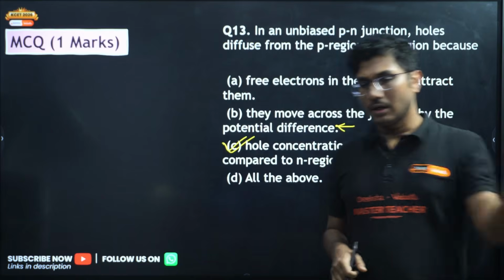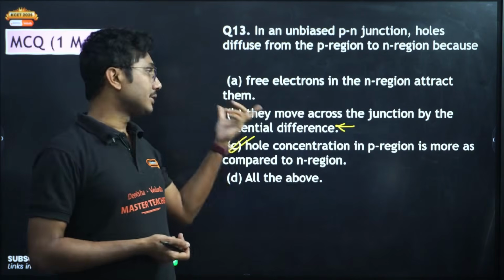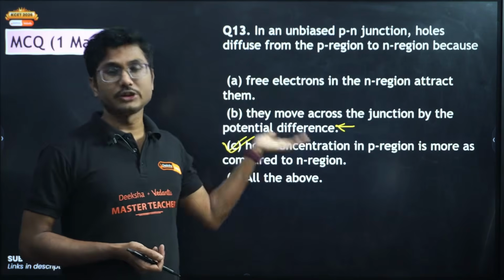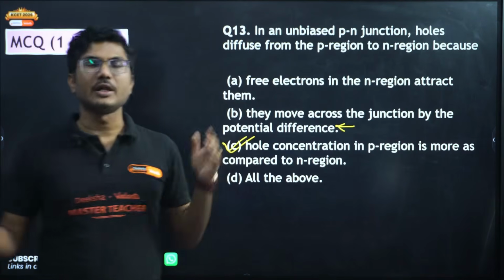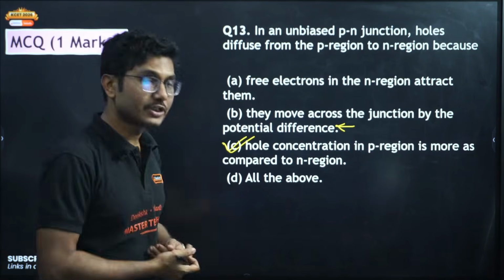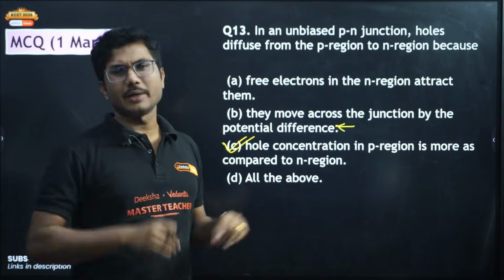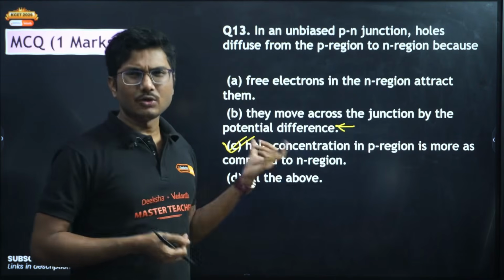Once the holes start to move from the P region to the N region, the potential difference originates in the opposite direction. That gives rise to the depletion region. Free electrons do attract them, but the attraction force can be ignored, it is very small.